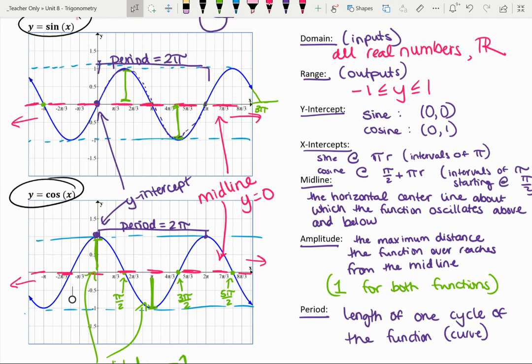The midline is a horizontal line that's right in the center of the curve. The amplitude represents basically the height of the curve from the midline. And then the period is the length that it takes for the curve to go through one full cycle, or the distance until it starts the cycle over.